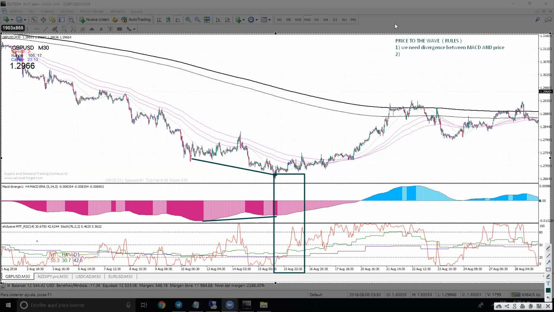Okay, so let's write the second rule. We need that purple will be below the 50 level.